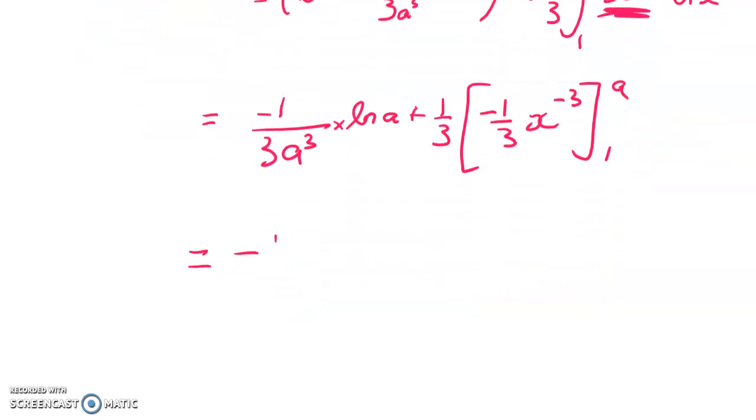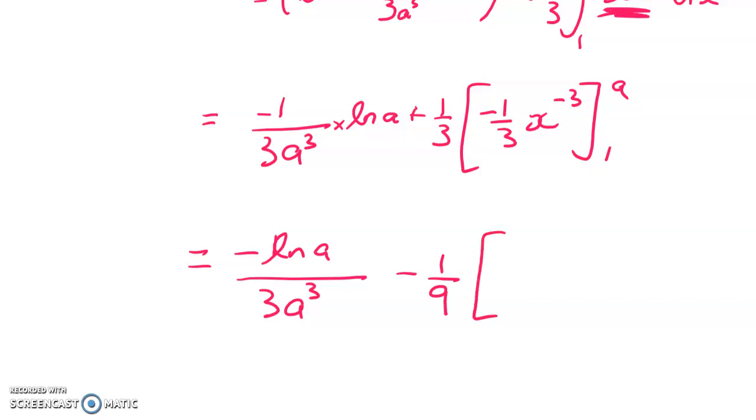Right, giving us, we'll write it like this, negative log a over 3a cubed minus 1/9, so we can see that coming. Right, so now evaluating this, we've got 1 over a cubed minus 1 over 1 cubed.